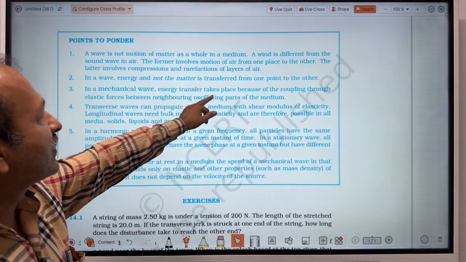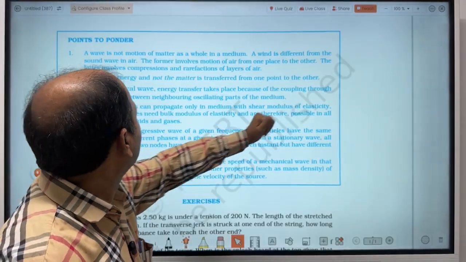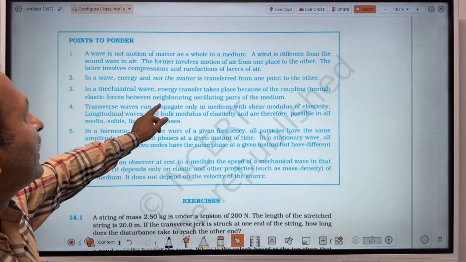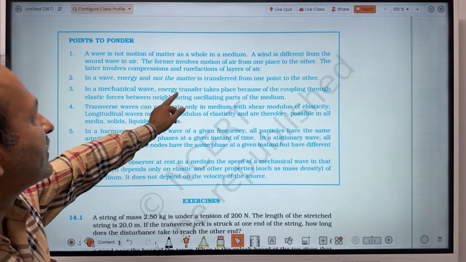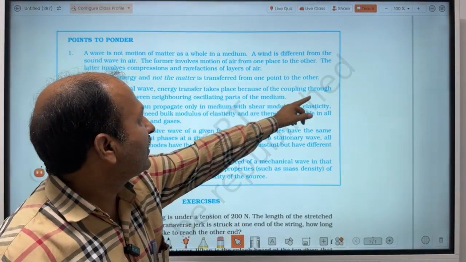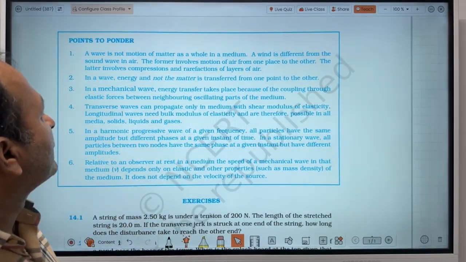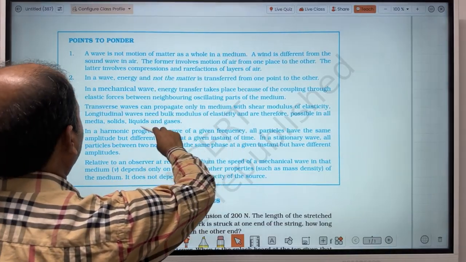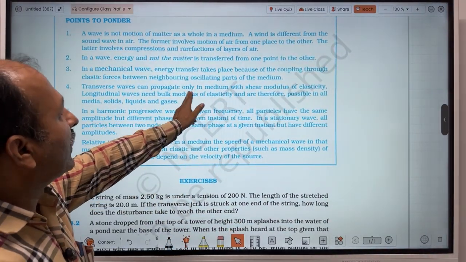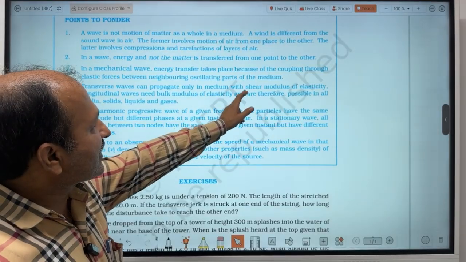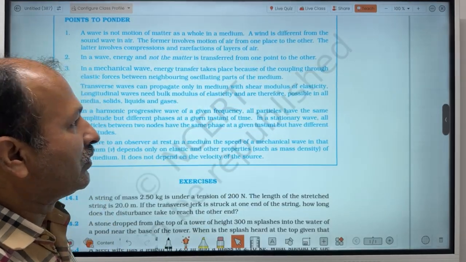In a mechanical wave, energy transfer takes place because of the coupling through elastic forces between neighboring oscillating parts of the medium. Transverse waves can propagate only in a medium with shear modulus of elasticity.